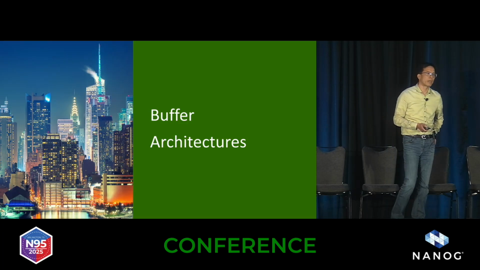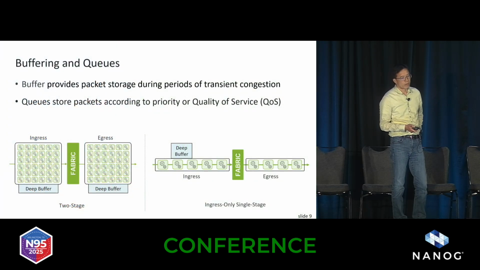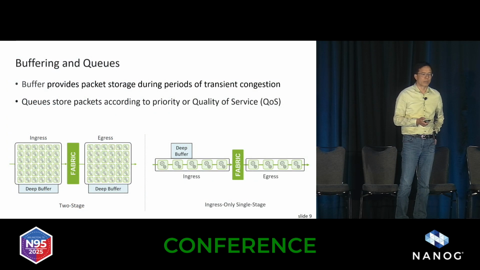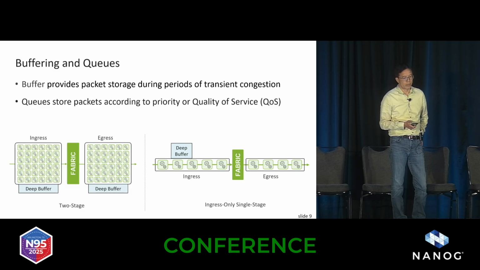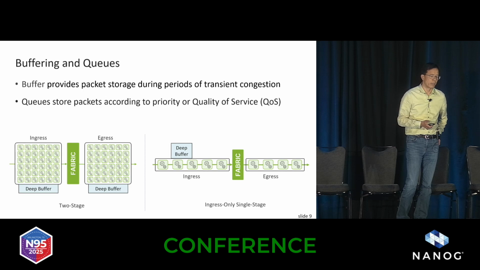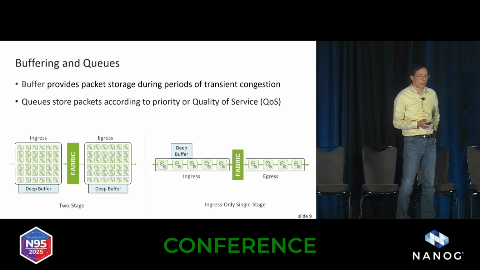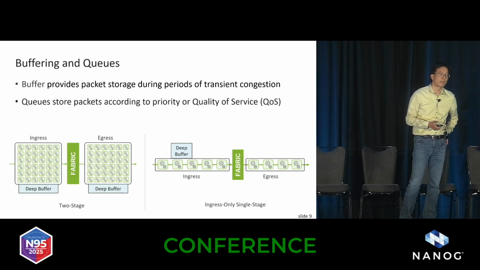So another important architecture inside the silicon is the buffer architecture. Buffer basically provides packet storage during periods of transient congestion. And queues basically store packets according to priority or quality of service. And there are two main architecture choices. One is the so-called two-stage buffering.